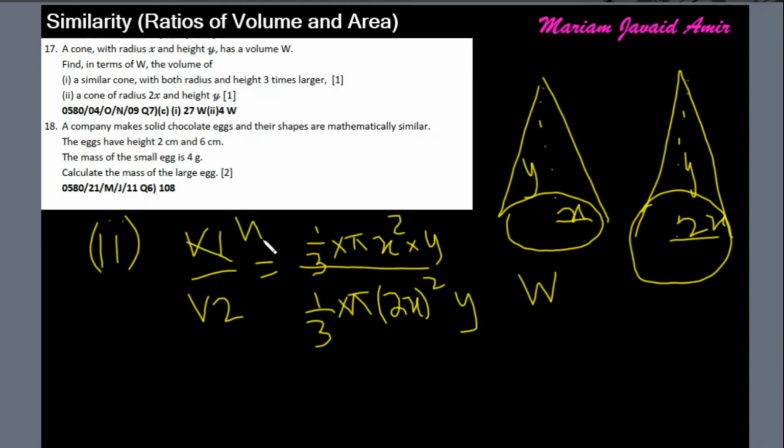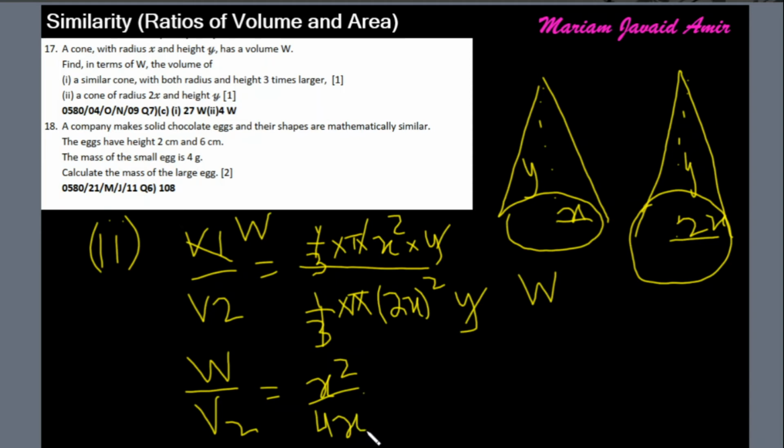So this is w. Okay, so 1 over 3 gets cancelled, pi and pi gets cancelled, y and y gets cancelled. So we have w over v2 equals x square over, open the denominator, we get 4x square. So cancel out x square and x square, we're left with 1 over 4. So now to make v2 the subject, we get 4w over here.